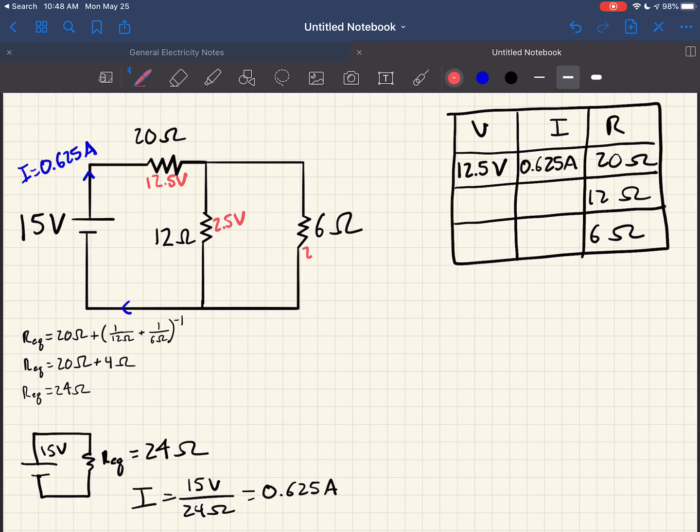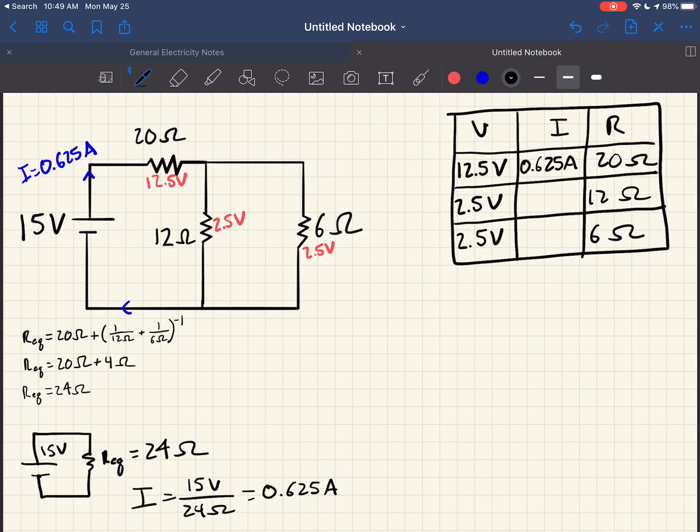And it's the same thing over here on this resistor, because you lose 12.5, you have to lose 2.5 to lose 15 total. Same thing if you go this way, you lose 12.5 here, you have to lose 2.5 again in order to lose 15 total. So I can say right away that these are both going to be 2.5 volts and 2.5 volts.